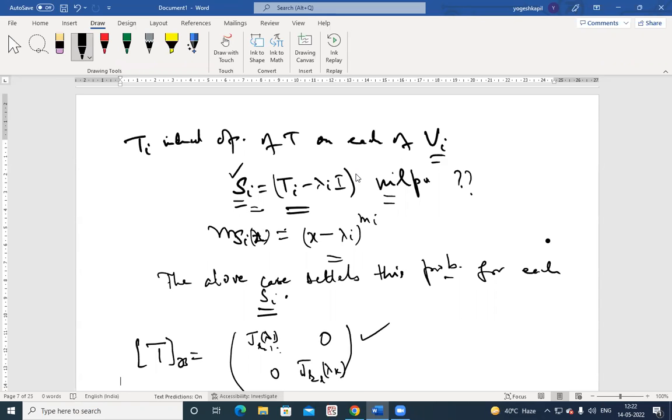This is the matrix, and this is the basis which we are looking for. That completes the existence of the Jordan basis in this case. Is there any doubt? If you have any doubt, please ask me.